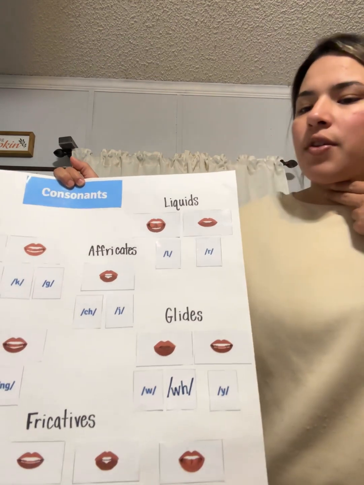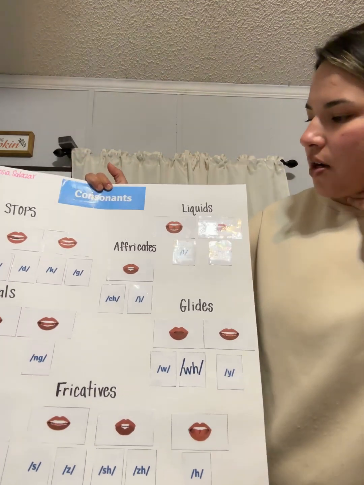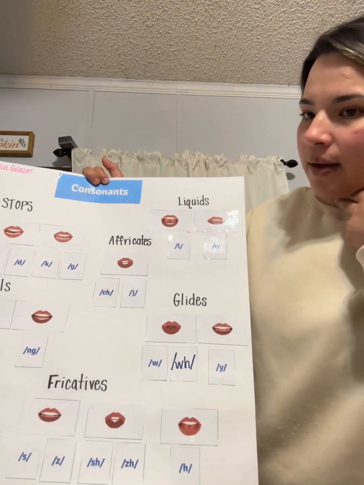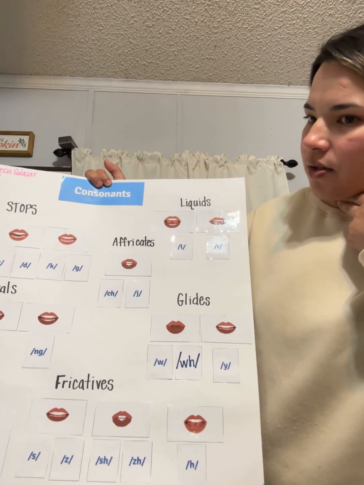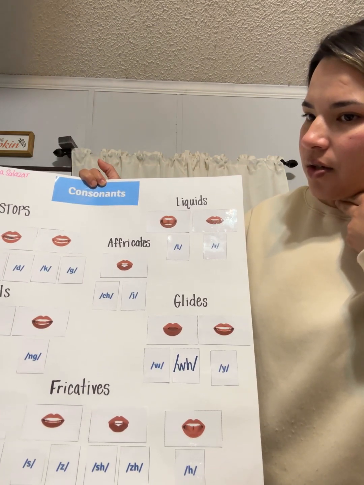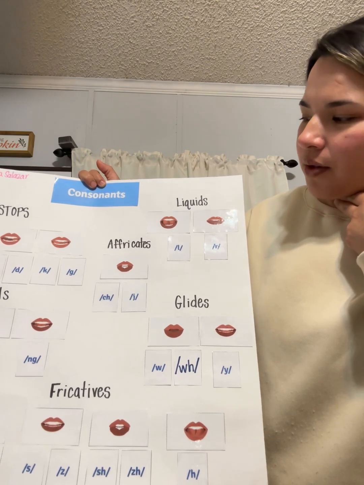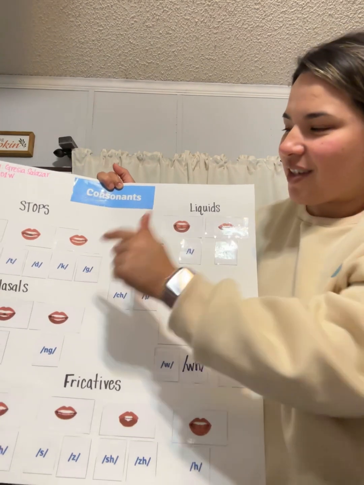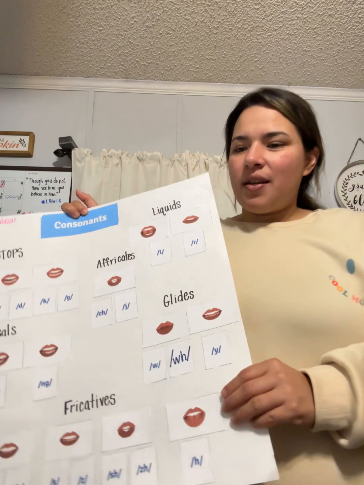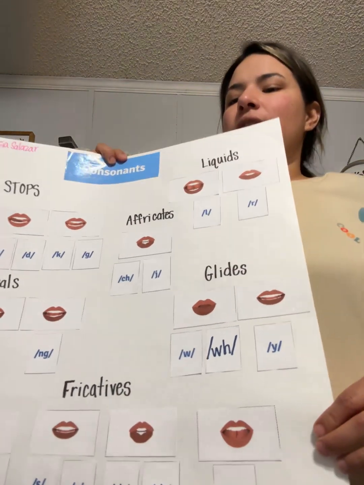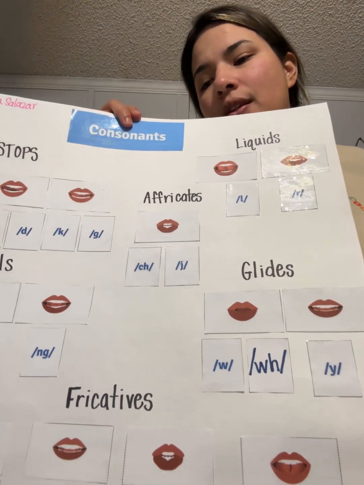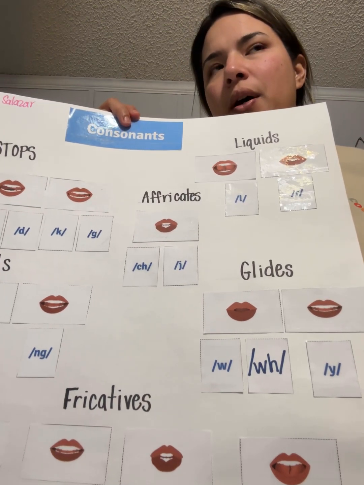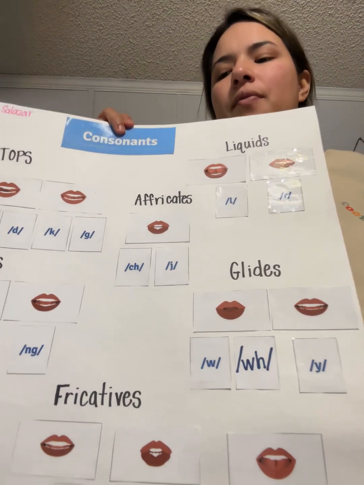Now, to focus on the voiced ones, they are more like B, D, G. Oh, I got that wrong. So that was this one. Sorry, the stops. So be aware that there are consonant pairs which are unvoiced and voiced, and that could be p and b.